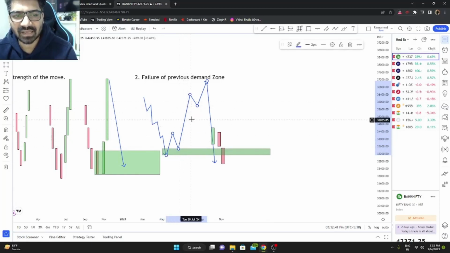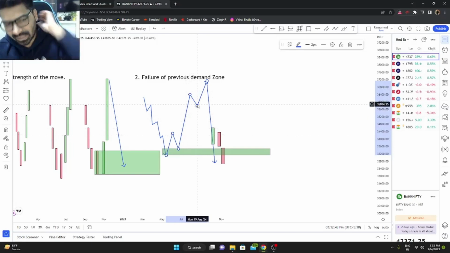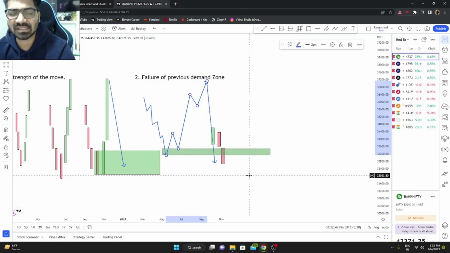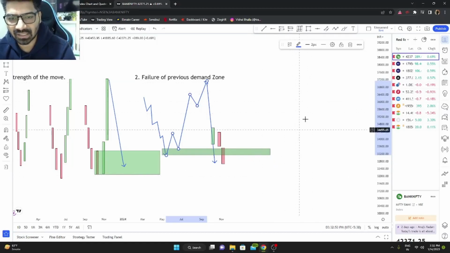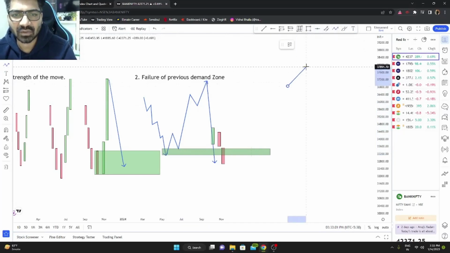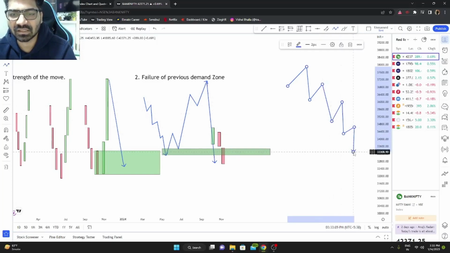So likewise, there will be certain demand and supply zones in a continuation upside and also in a continuation downside. So the areas which are still fresh, which haven't been mitigated, you can mark those areas in the continuation. I'll show these things in the chart as well, but let's first understand the theory behind it. So if the market is doing this in continuation, every up move before the down move has a certain demand or supply area.